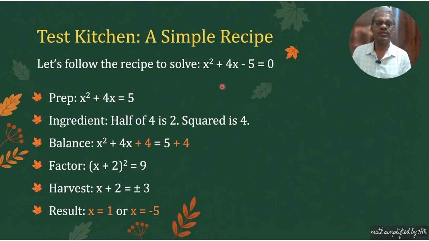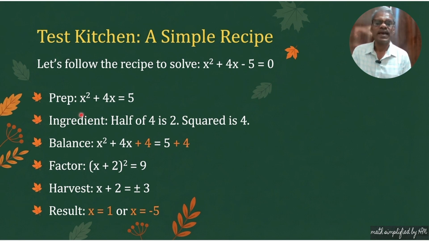Now we will use this method to solve the quadratic equation x square plus 4x minus 5 is equal to 0. As discussed here, x square has a coefficient 1 and the middle term's coefficient b is 4, which is an even number. So we can easily apply the completing the square method.